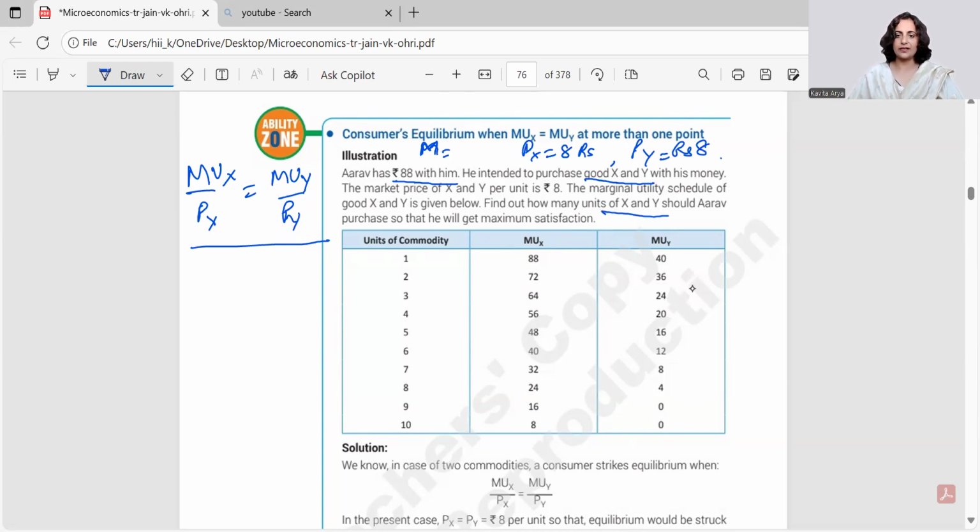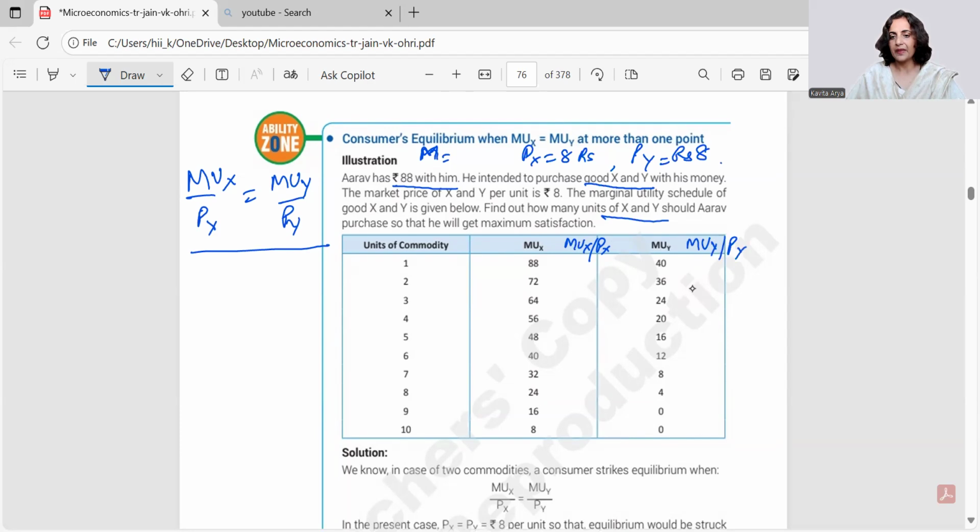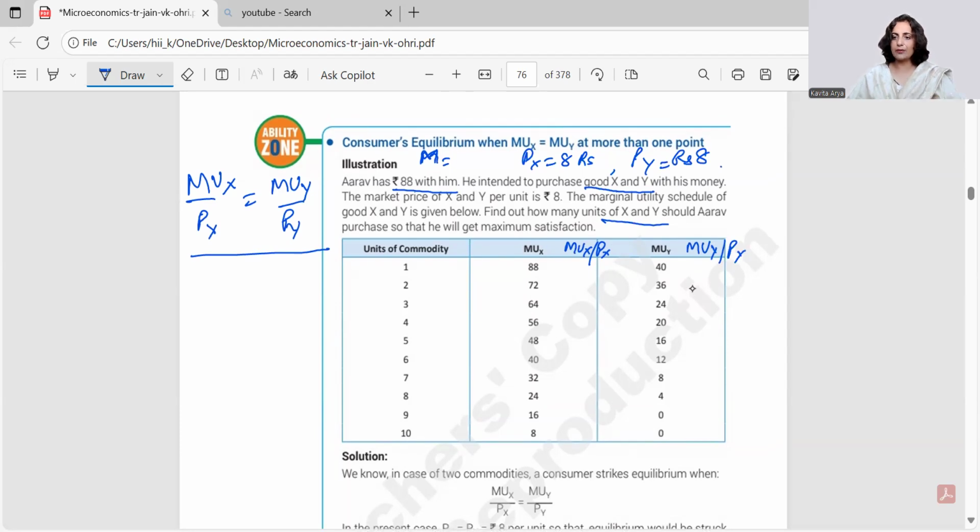So for this case, we know that the formula to be utilized is MUX by PX is equal to MUY by PY. We are already given MUX and MUY. So what next is to be done? We need to go for MUX by PX and here MUY by PY. After doing this, I'll tell you what's the trick.